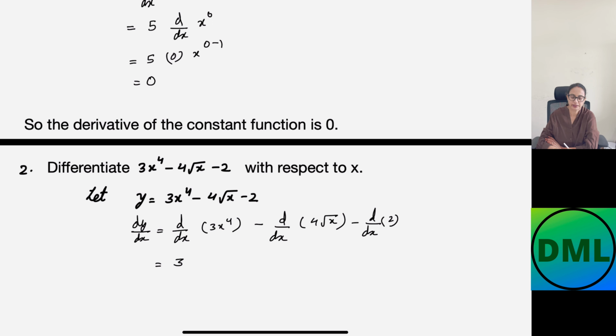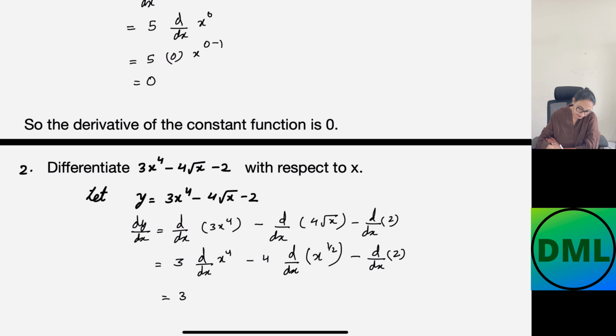It will come out from the derivative function. This will be written as d by dx of x to the power 4 minus 4 is constant. D by dx of x to the power half. Root is power half. Minus d by dx of the constant function 2.